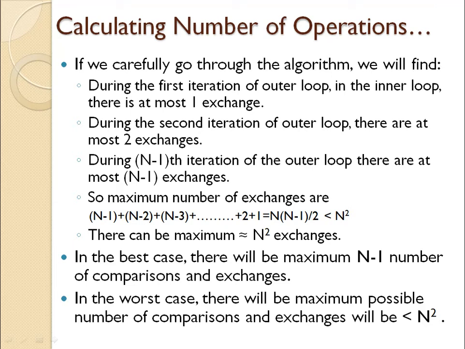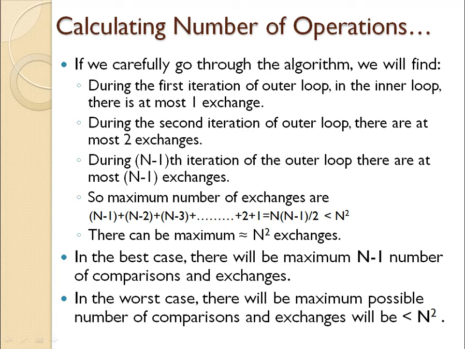If we carefully go through the algorithm, we will find that in the first iteration of the outer loop, in the inner loop there is at most one exchange. When you select the second element, it will be compared with only the first one, which is the only element on its left side.